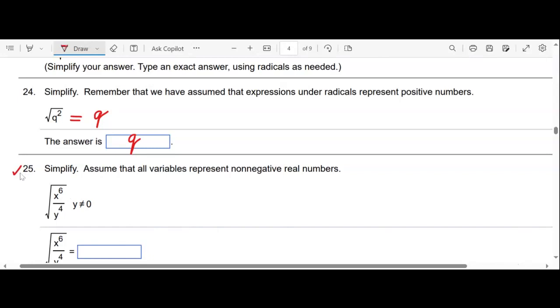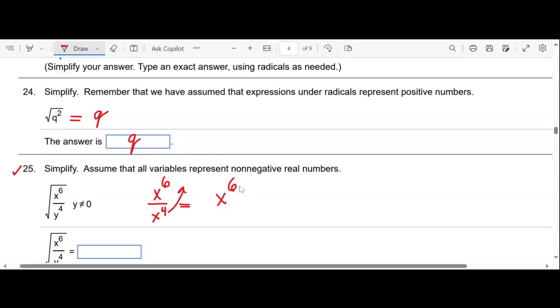Number 25. Read, Abdullah. Simplify. Assume that the variables represent non-negative real numbers. X. It will be 0. So what should I do here? If I bring this up, what's going to happen to the exponent?